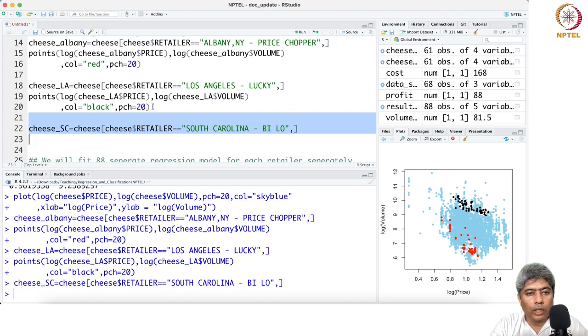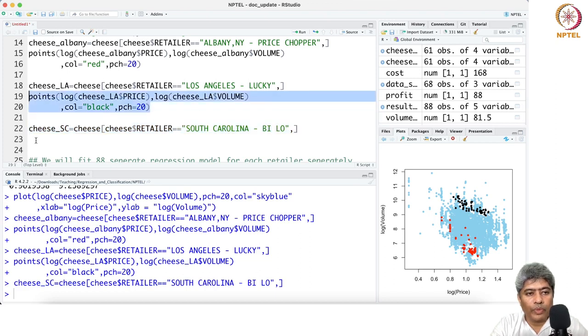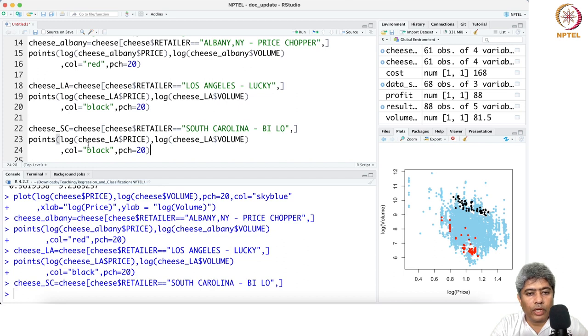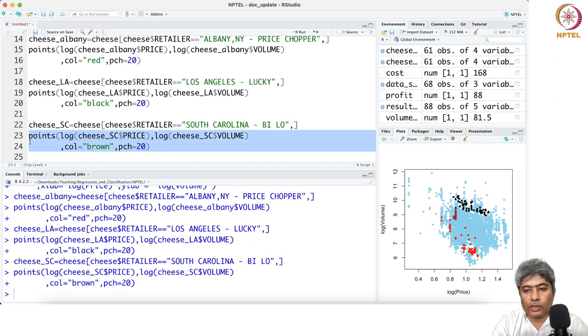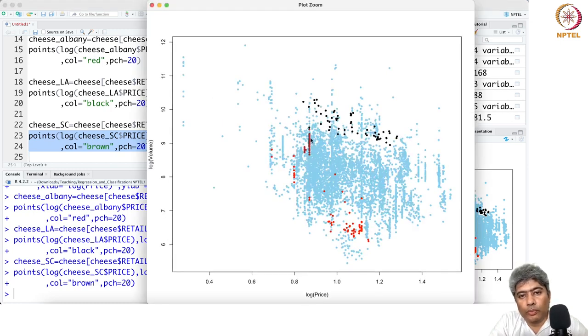And then if I just plot that guy, cheese SC versus cheese SC, and instead of black, maybe brown. Okay, let's see where this guy is. Yeah, you see, this is the problem.